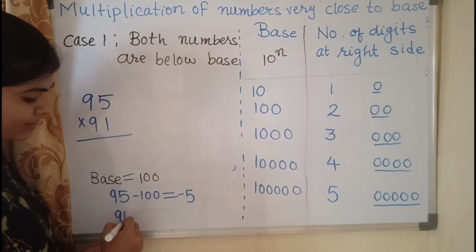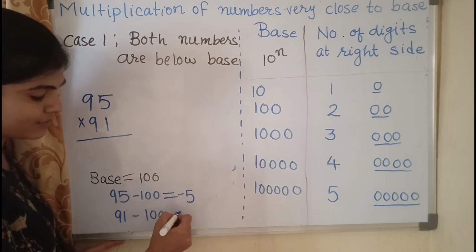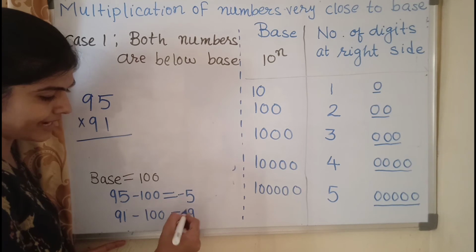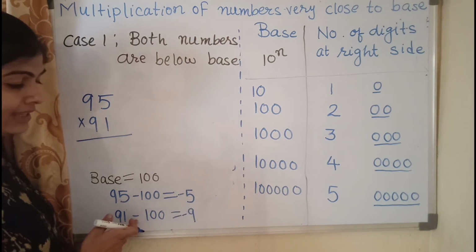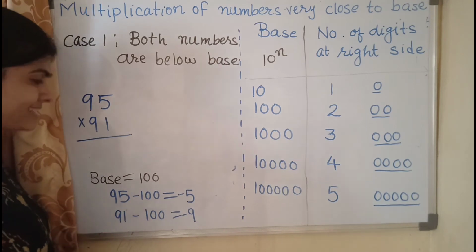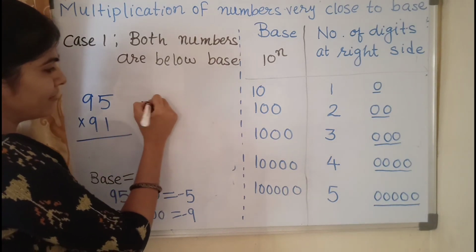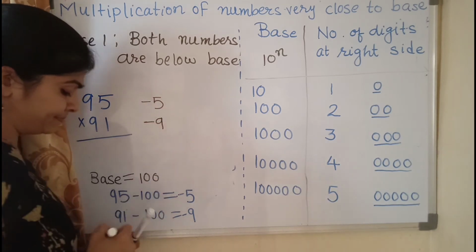Next, the number 91: again I need to find the deviation from the base, so 91 minus 100 is negative 9. Why negative? Because 100 is greater than 91. So next I need to write down the deviations: the deviation of 95 is negative 5 and of 91 is negative 9.